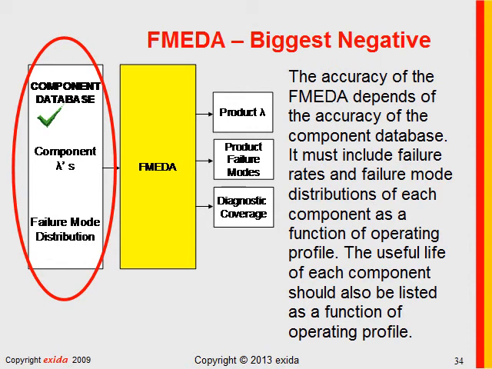The component database has to include all the failure modes as a function of different environmental conditions. Failure rates definitely vary as a function of stress, environmental conditions, and application. So a component database has to deal with all of those variables.